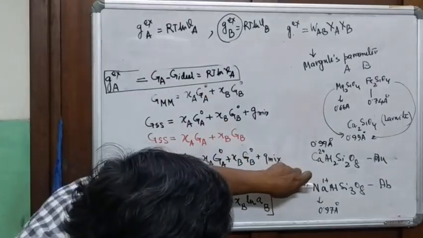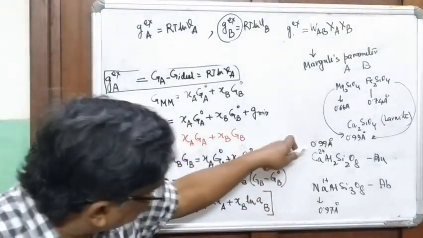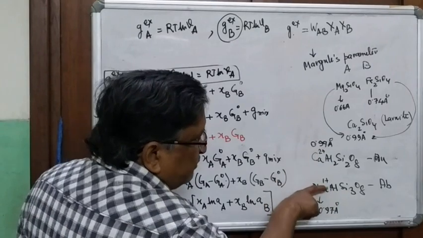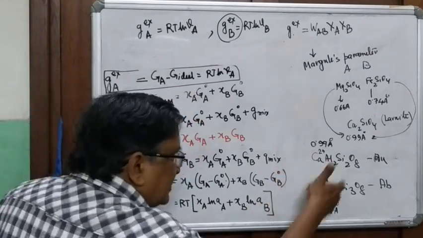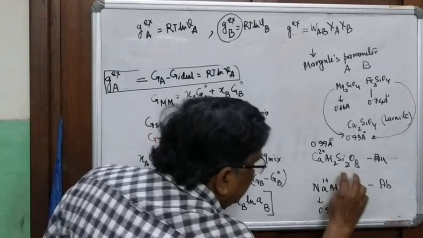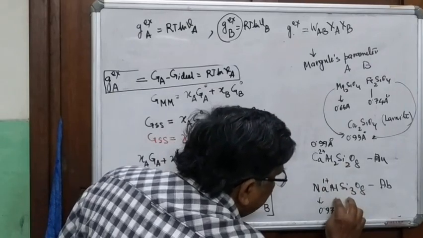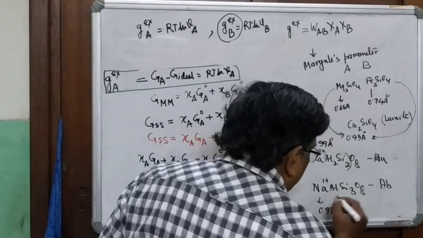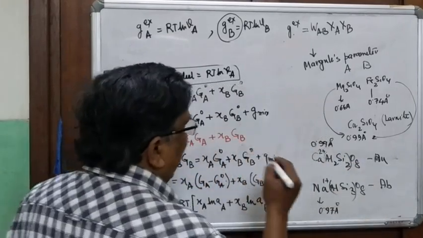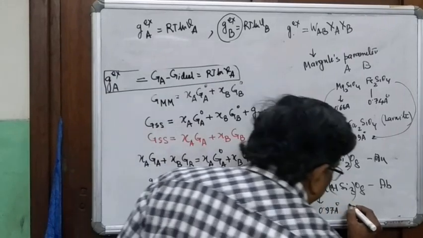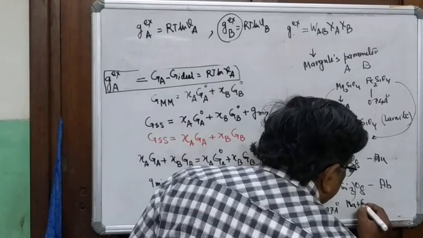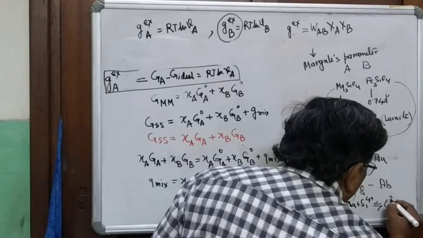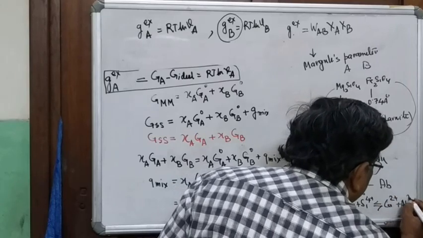Because if you replace sodium by calcium or calcium by sodium, there is a charge imbalance from 2 plus to 1 plus, and that has to be accommodated by redistributing aluminium and silicon in the tetrahedral site. This is called the tetrahedral site. So the actual exchange reaction is Na plus Si 4 plus equals Ca 2 plus plus Al 3 plus.